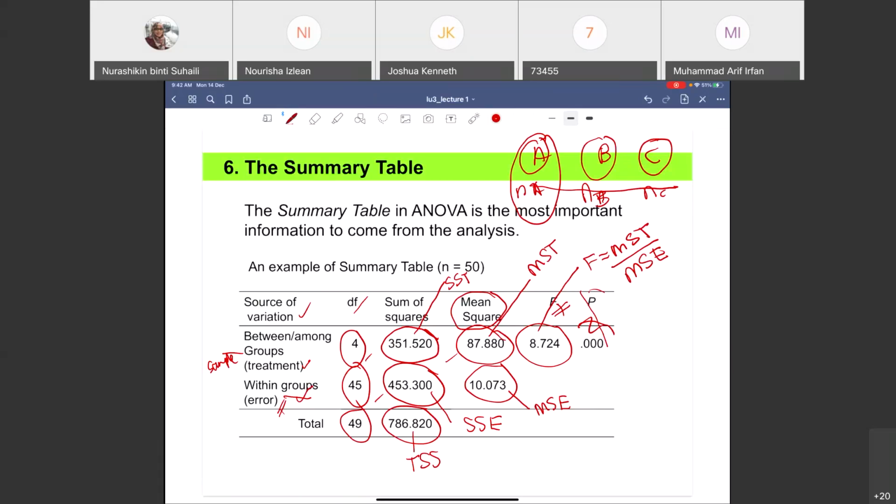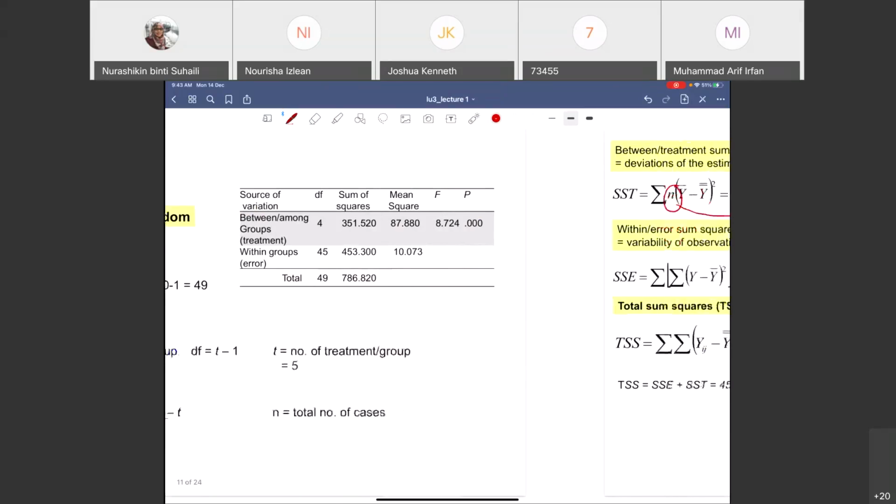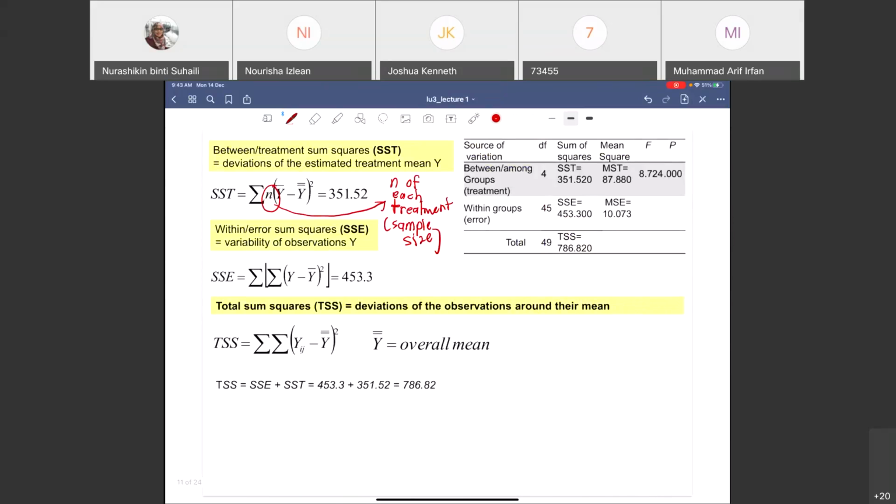But this is just to give you some basic understanding about what ANOVA is, so that you know that you are analyzing groups, across the samples and within the samples. That is what you have to know fundamentally. So remember this, okay? So how we're going to solve for each of the things just now, SST, SSE, MST, MSE, and so on? So this is the formula.